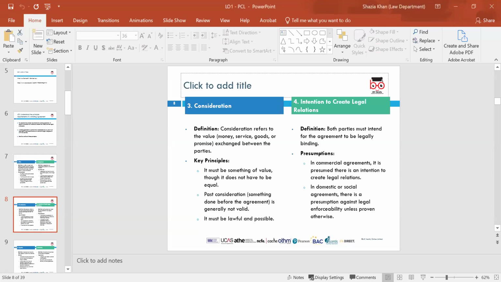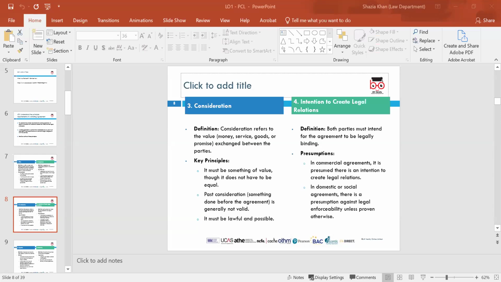Then we've got to look at the element of intention to create legal relations. Intention to create legal relations is a fundamental principle of contract law, where both parties must intend for the agreement to be legally binding.